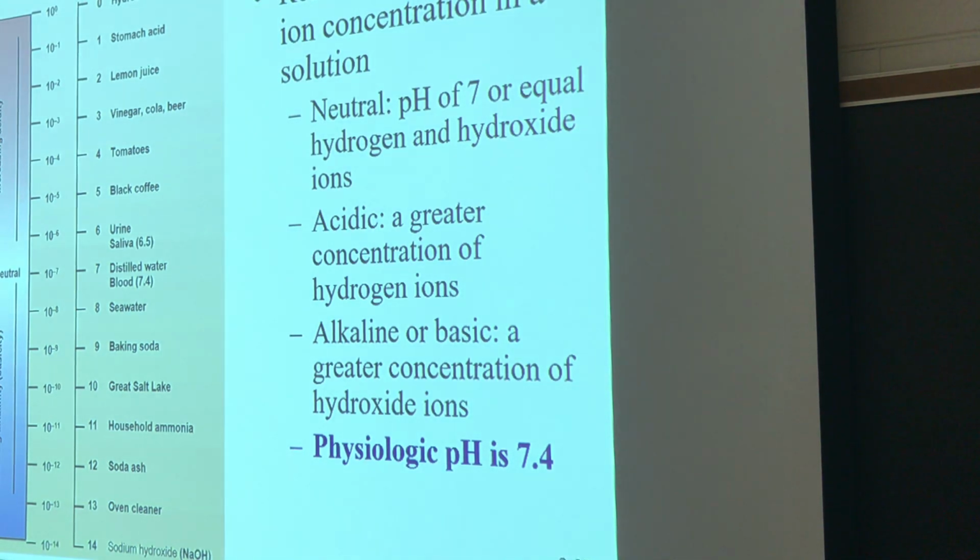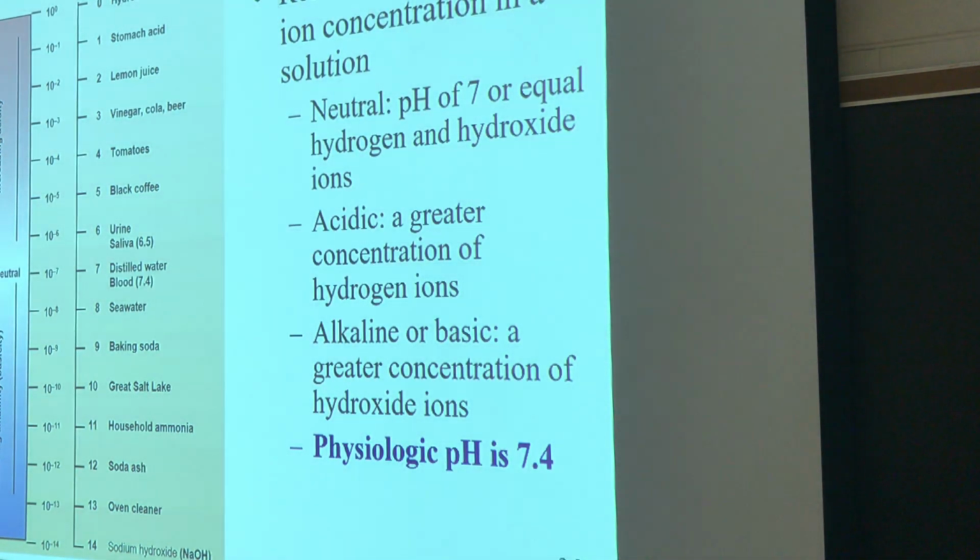Makes sense, right? That this solution, it's got less hydrogen, is less acidic. This solution, right, 0.1 is bigger than 0.001. So this solution of hydrochloric acid, it's got greater numbers of hydrogen, makes sense that pH will be lower, making it a stronger acid. There's an inverse relationship. As the amount of hydrogen goes up, the pH goes down.